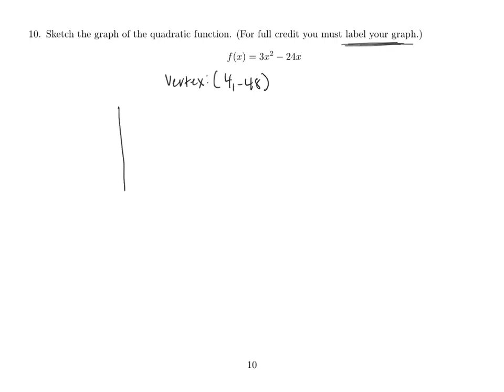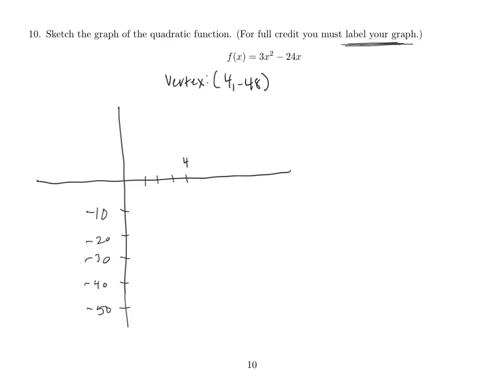So let's say I go 1, 2, 3, 4. So here's a 4. And then I'm going to go 10, 20, 30, 40, 50. So negative 50, negative 40, negative 30, etc. I don't have to label my point on the graph because I have it labeled right at the top, okay?